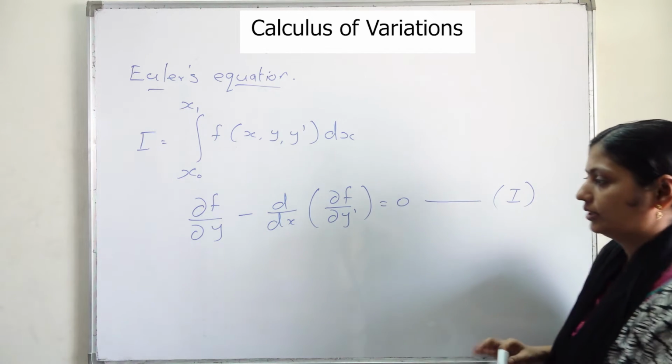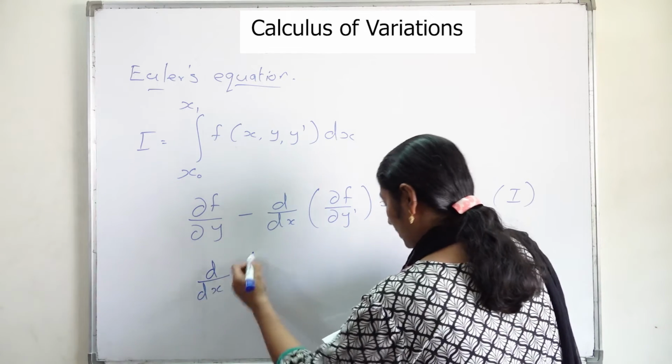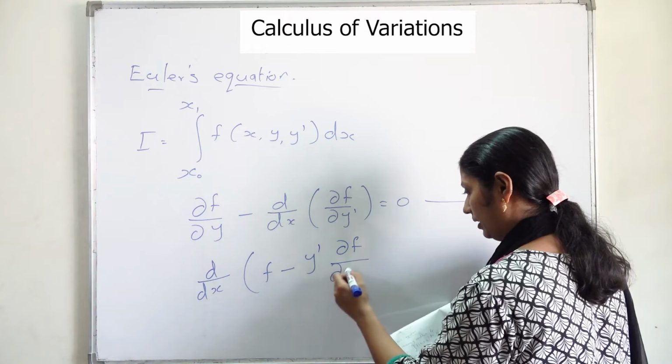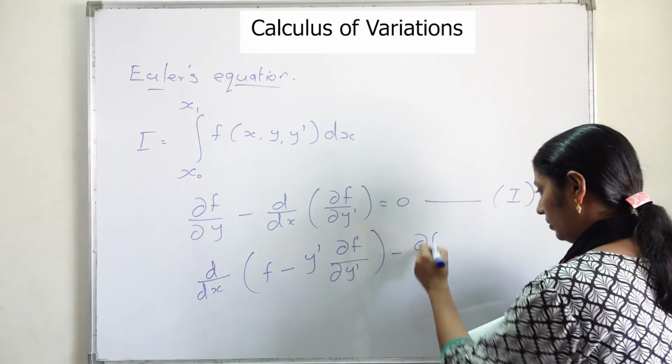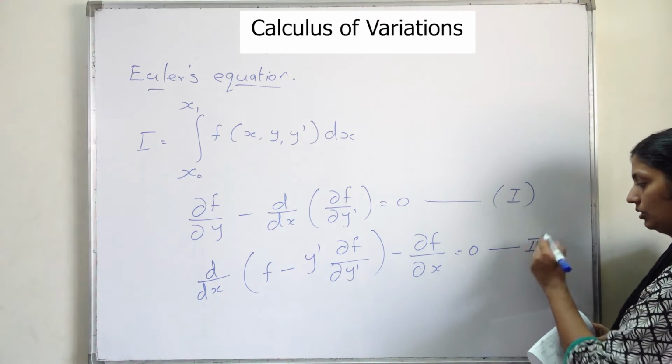The second form of Euler's equation is d/dx of (f − y' ∂f/∂y') − ∂f/∂x = 0, which is the second form of the equation.